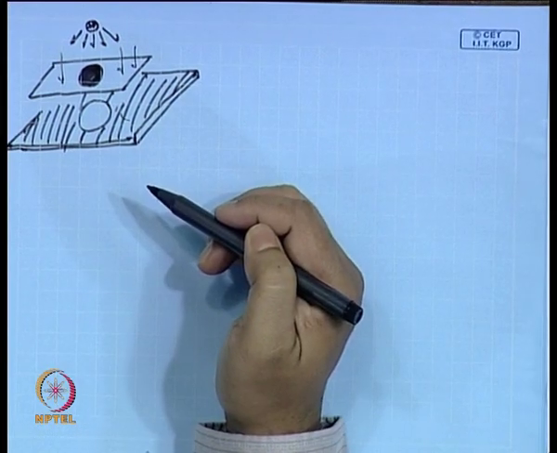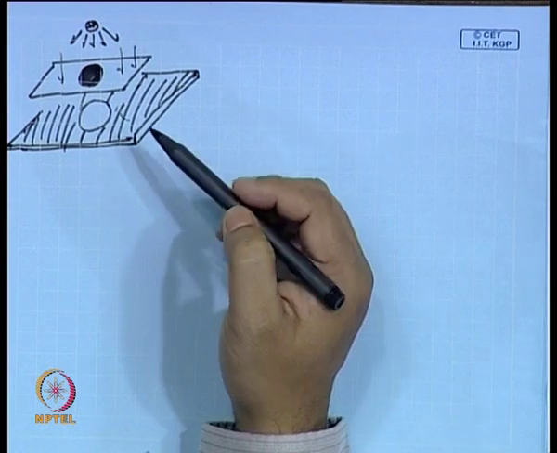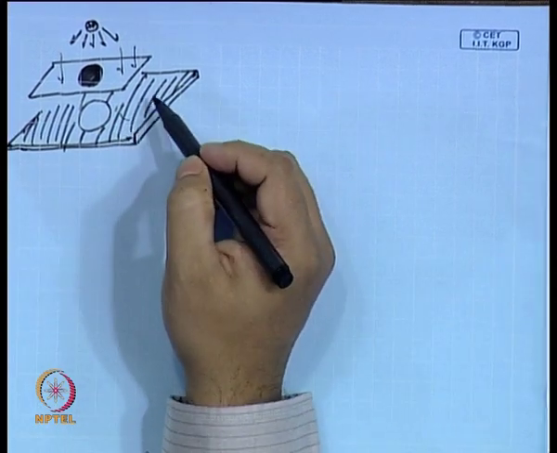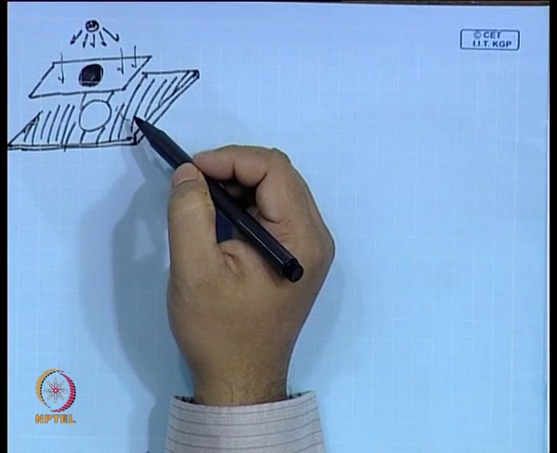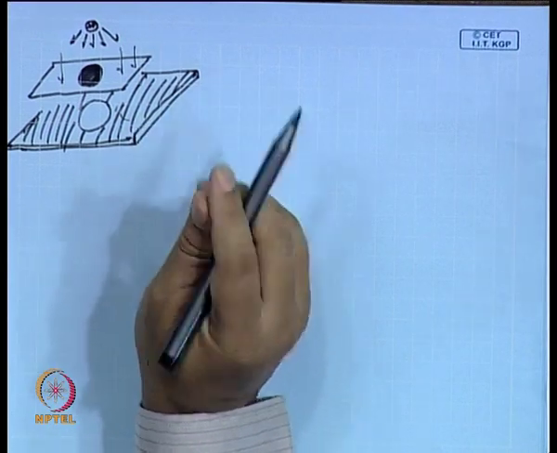Now, the substrate is exposed preferentially in some places and not exposed in other places. You have a coating of polymer in some places and you do not have a coating in other places.